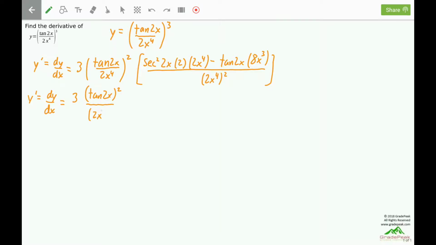And we will also have 2x to the fourth squared. In the square brackets, let's put these out front. We have a 2 times a 2, that's a 4. And we have an x to the fourth, and then we have a secant squared of 2x. And then just the same, I'll put this out front, so minus 8x cubed tangent of 2x.